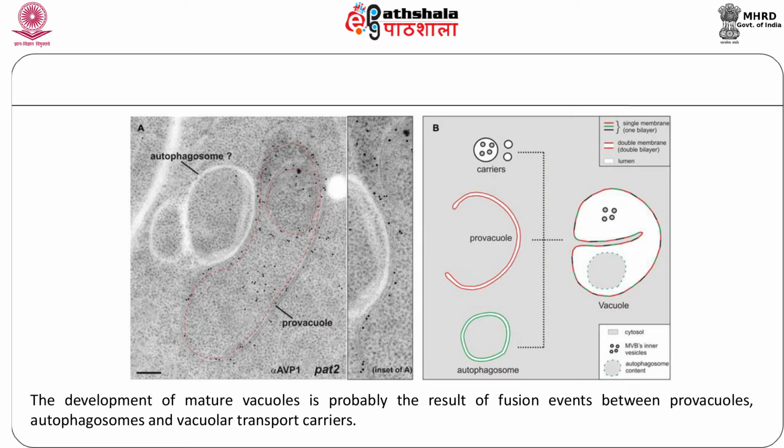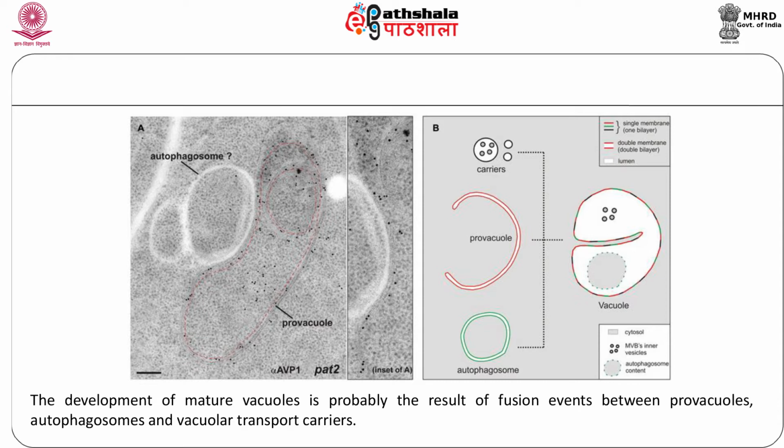In this figure, first A, immunogold labeling of an ultrathin section of high pressure frozen, freeze substituted and HM20 embedded Arabidopsis pad2 root tip cells shows a provacuole, shown by the dashed red line, carrying the V-PPase VP1.